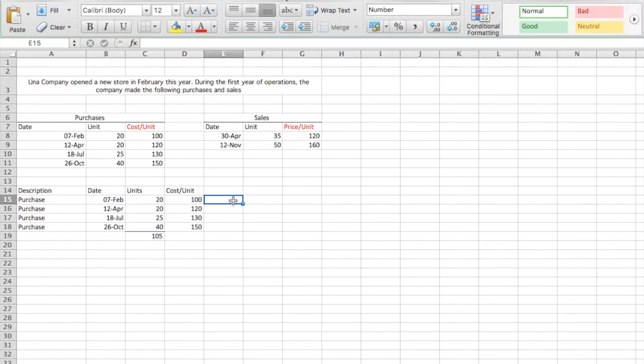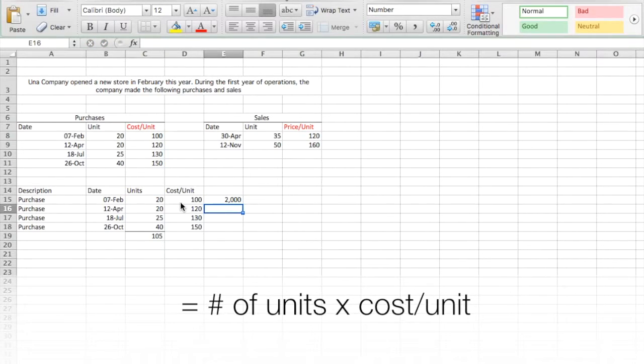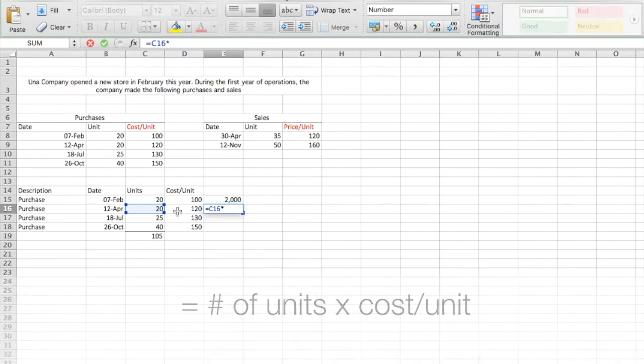The next thing we want to calculate is the cost of all purchased inventory. This is different than the number we just calculated. In order to find the total cost, we have to find the cost of each individual purchase, as the number of units and cost per unit is different for each transaction. How we do this is we are going to multiply the number of units by the cost per unit in the next column.